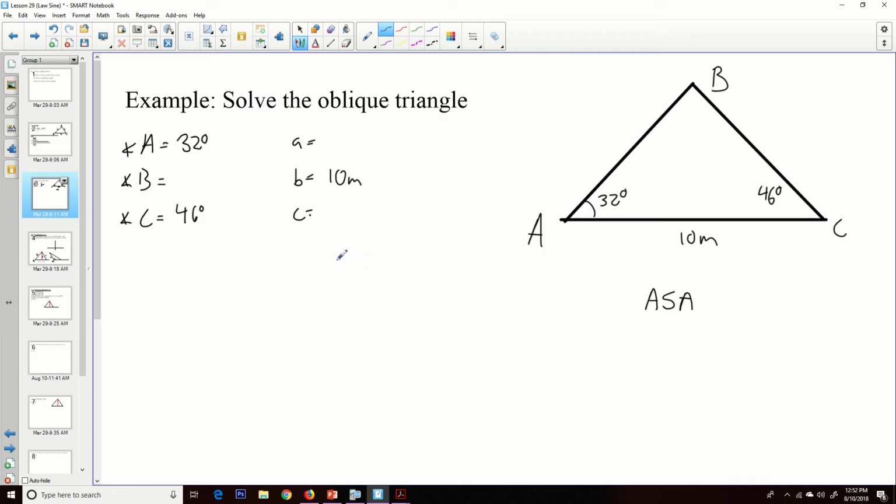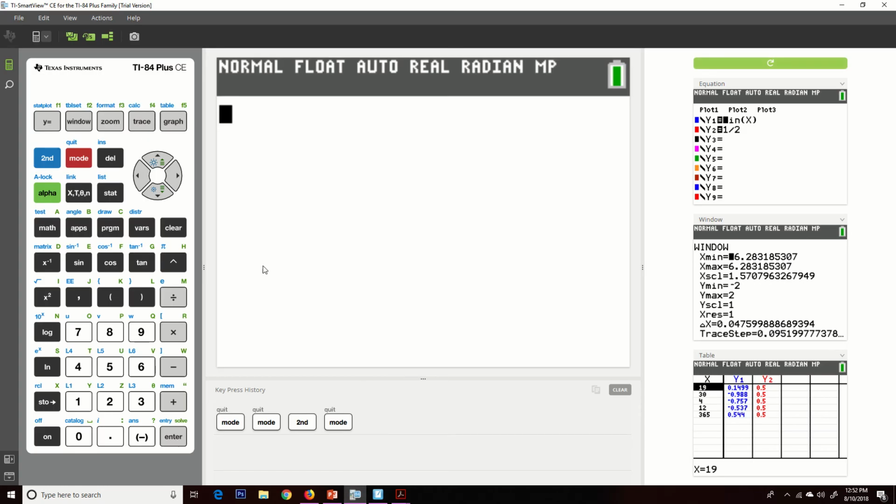But we don't have to use the law of sines for everything because we are given two angles of a triangle, and we can use the Triangle Sum Theorem to say that since all triangles in a plane have 180 degrees as their angle sum, we can just subtract these two from 180 and get the correct value.